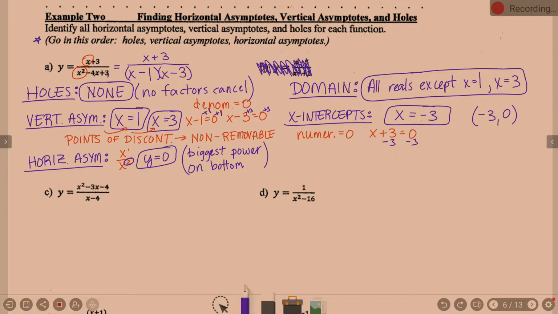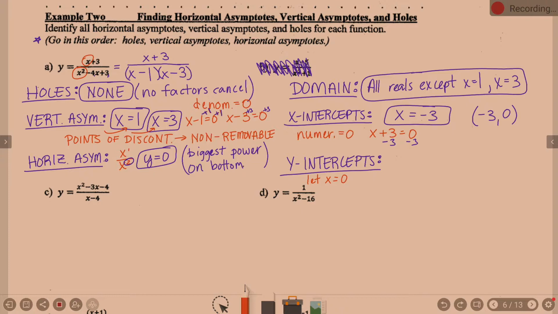And one more. Y-intercepts. What was the rule for y-intercepts? We're going to let x equal 0, which means I'm going to put 0 in for x.